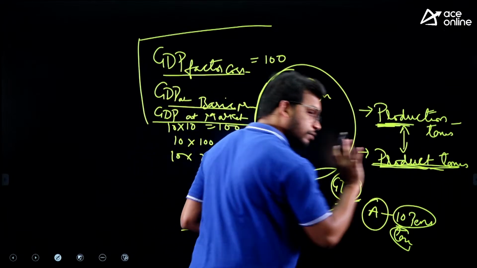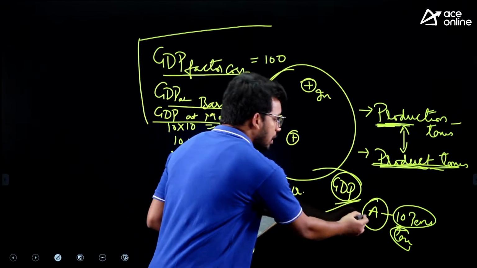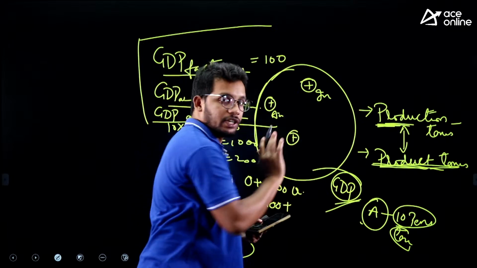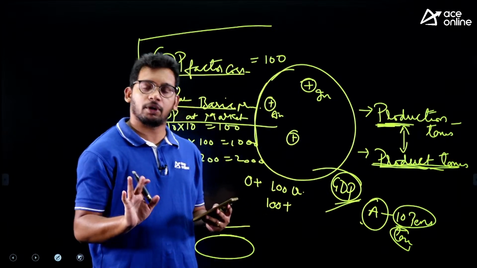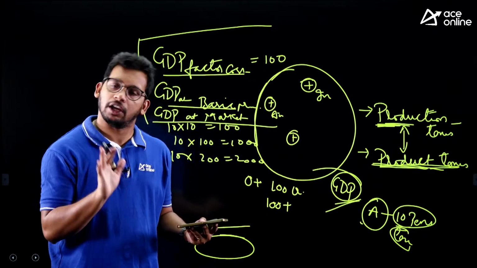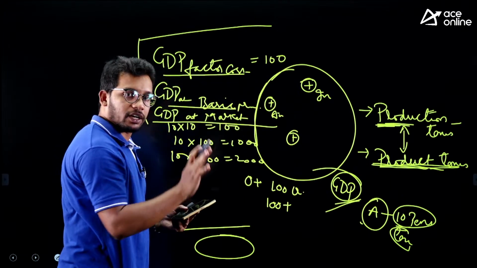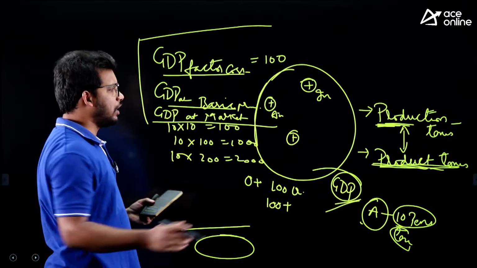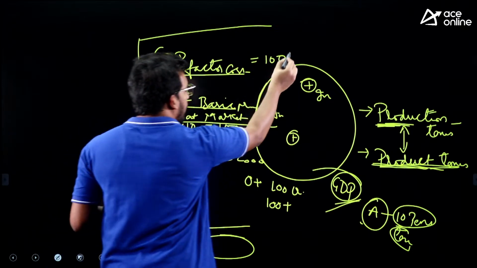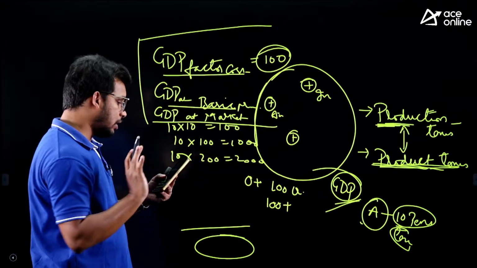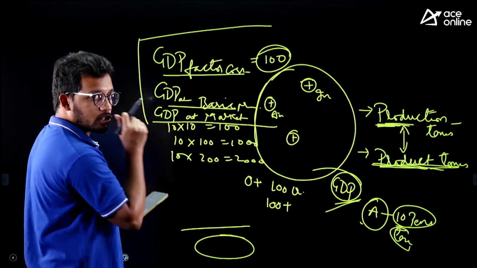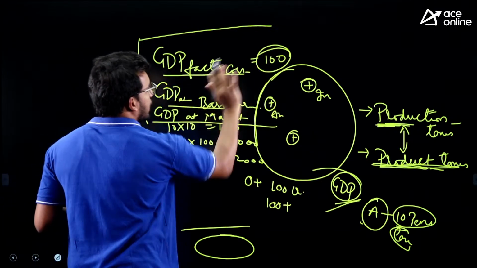For example, I have paid 10 rupees in production tax, and they give 5 rupees back because you are generating GDP in our country. So GDP at factor cost does not include any taxes, production or product. It is the bare amount that I incurred in producing the pen.